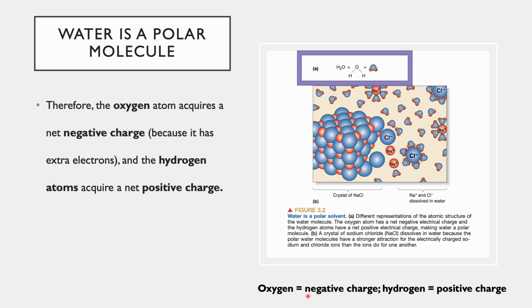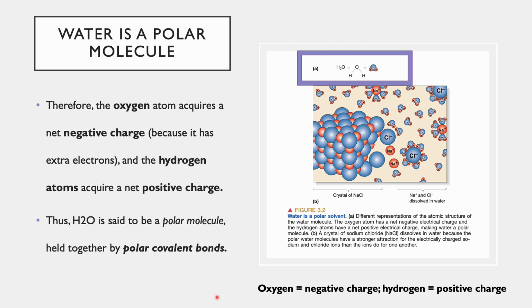So oxygen develops this negative charge, whereas hydrogen develops this positive charge. The oxygen atom acquires a net negative charge because it has extra electrons, and the hydrogen atom acquires a net positive charge. Thus, H2O is a polar molecule held together by polar covalent bonds.